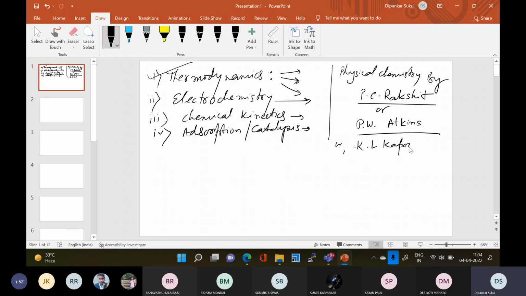For K.L. Kapoor, there are 6 volumes. Thermodynamics you will get in volume number 2. Chemical kinetics you will get in volume number 4. So chemical kinetics and adsorption catalysis will be in volume number 4, I suppose.